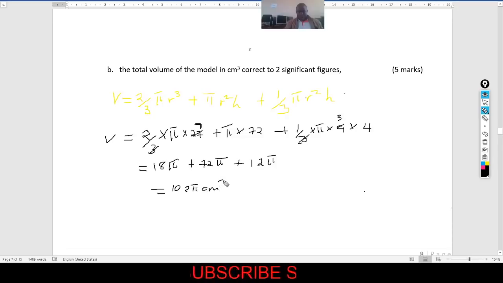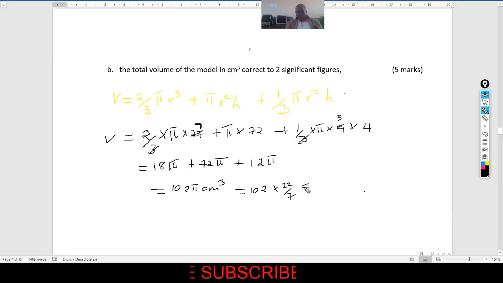centimeters cubed. But you have not been told to leave it in terms of pi. I've been asked to give it to two significant figures. So I multiply by pi. I can use 22/7, because I was not told the pi to use.